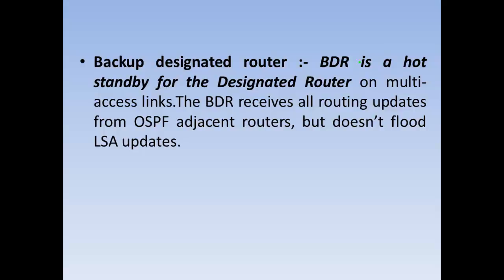The BDR receives all the updates from the adjacent or neighbor routers, but does not flood or send out the updates to each other. It only sends the updates when the DR goes down and this particular BDR is promoted to DR, then it starts sending the updates to the neighbors also.